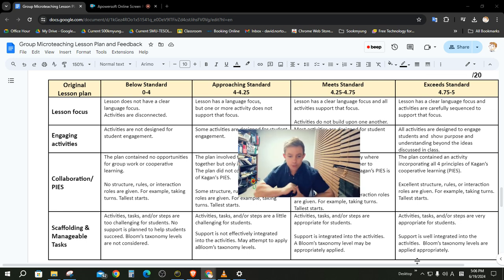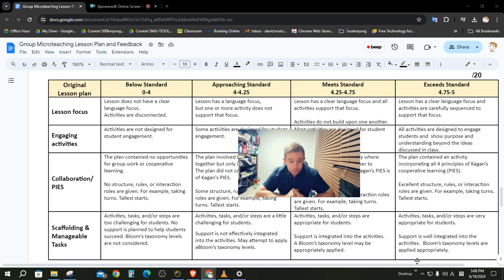Next, we have engaging activities. Now, this is kind of a shout out to Matthew's class as well as my own, but we're really interested in students being involved and students enjoying what they're doing and students not just listening to lectures and that kind of stuff. So what activities are you including?